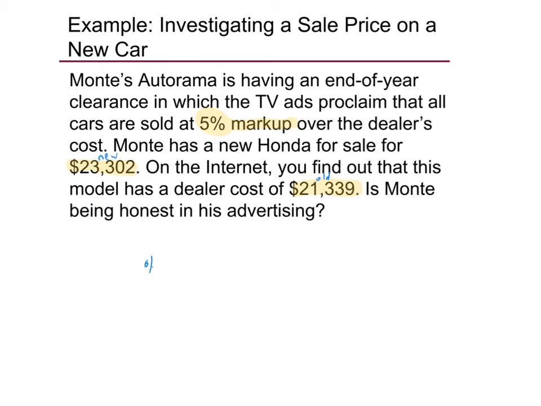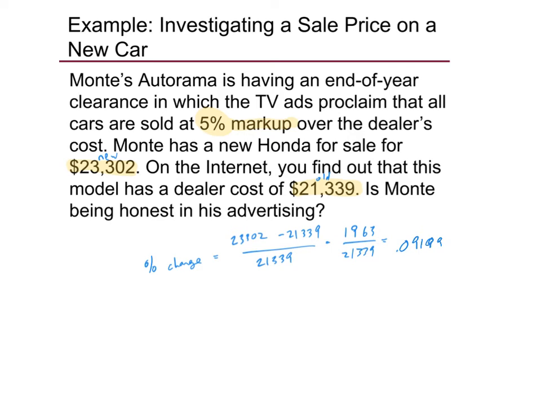Okay, so our percent change is equal to new minus old, 23,302 minus 21,339, divided by old, 21,339. When I do the subtraction, I get $1,963, and then I'm going to divide that by 21,339, and in my calculator, I got 0.09199.